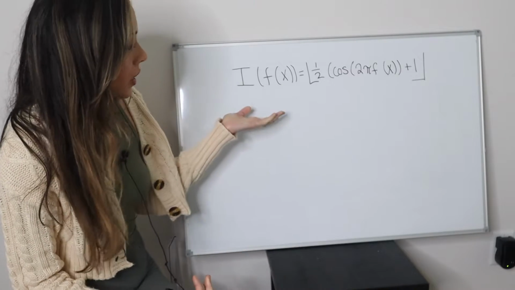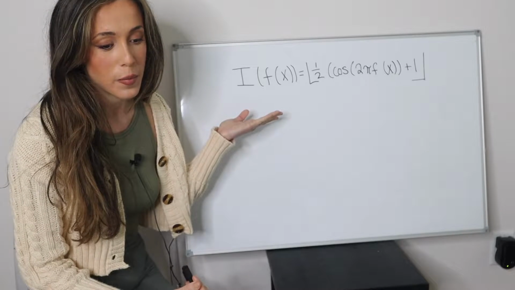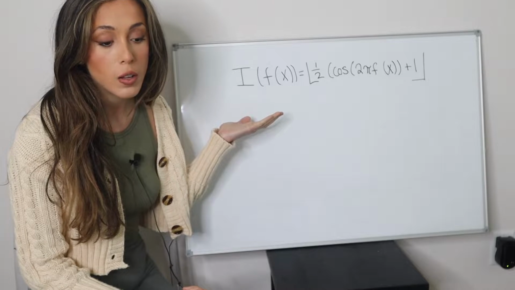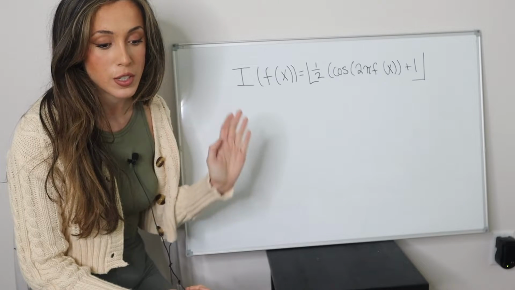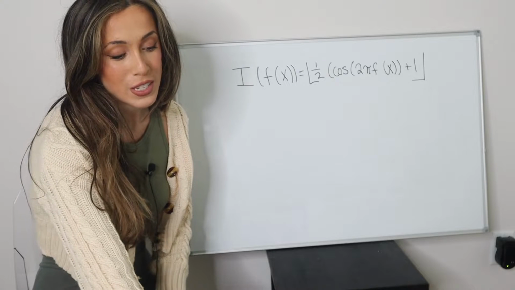In a previous video, I derived the integer test function. However, this function considers all pre-images, not just integer pre-images. This brings me to my first question for you today.